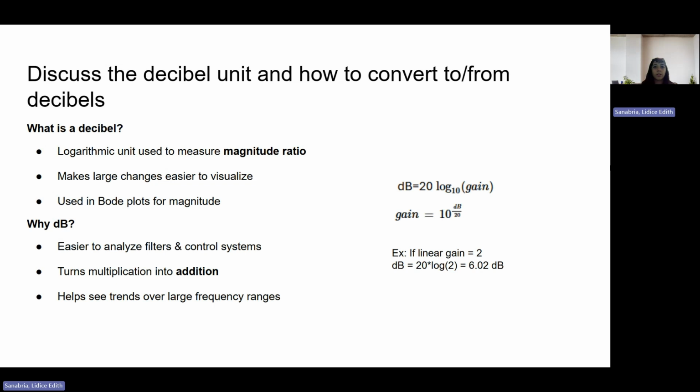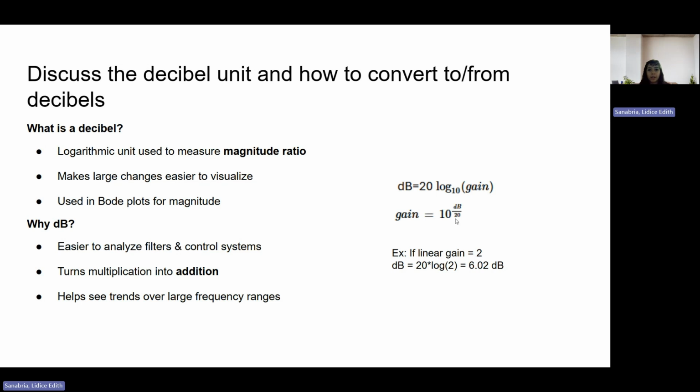Now, for converting from decibels in Bode plots, as mentioned, the magnitude plot uses decibels as its unit. Decibels make large and small values easier to compare and turn multiplication into a simple addition. So the conversion formula is shown on the right here. It is the product of 20 and log base 10 with the gain in the argument.